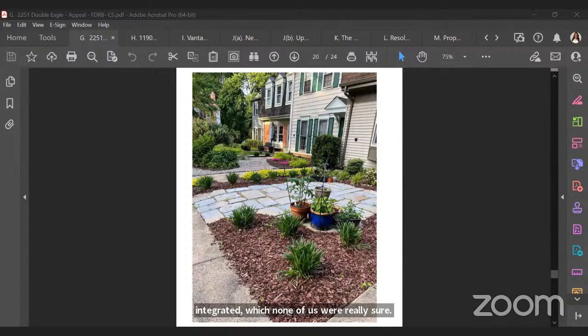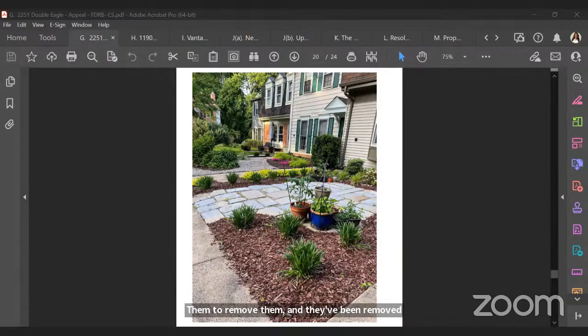But since we don't allow these privacy shields, and since we were not asked about the patio, our stance was that the patio doesn't fit with the overall look of the cluster. We've had other houses who have put in these front patios, and we've asked them to remove them, and they've been removed.